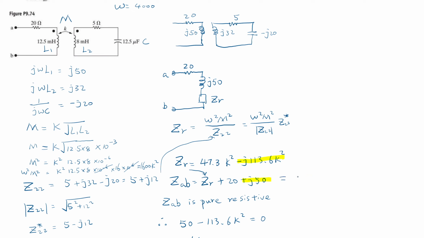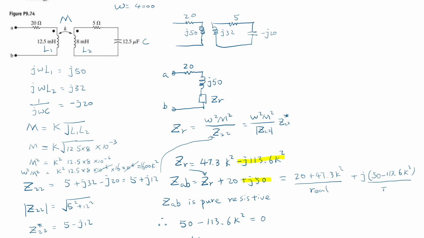If you combine that, you get 20 plus 47.3 K square. That's the real part. And plus a j. Here is 50 minus 113.6 K square.